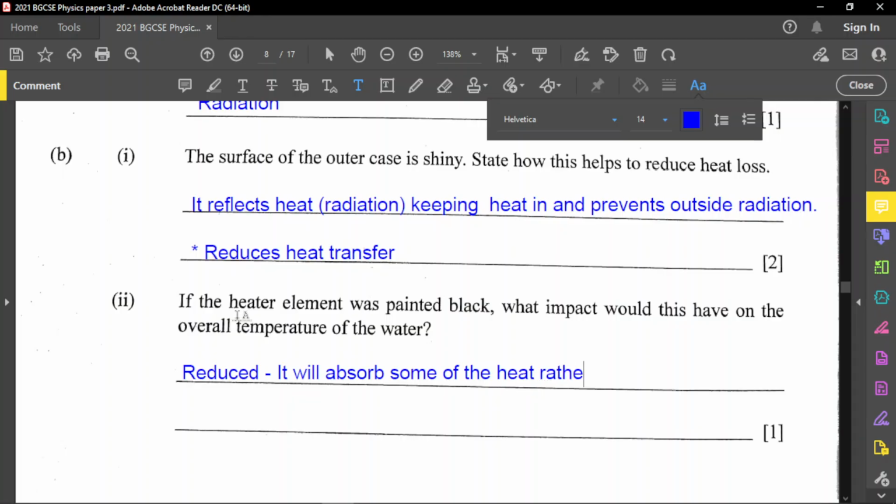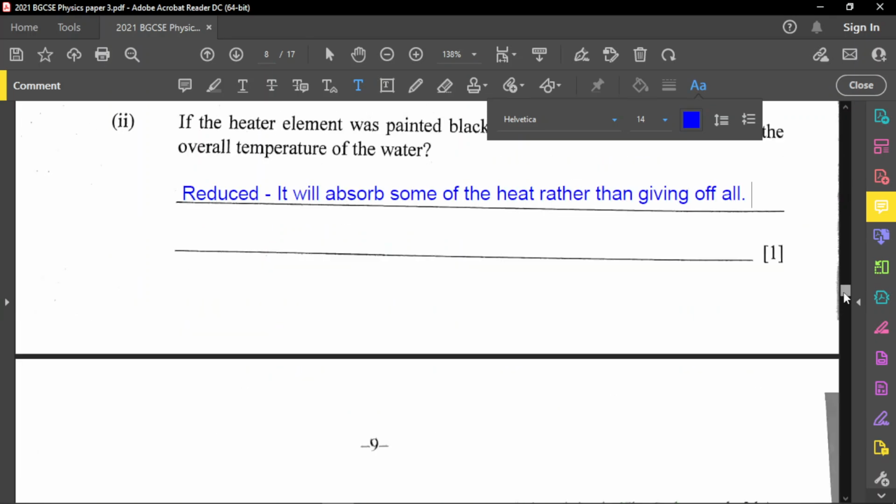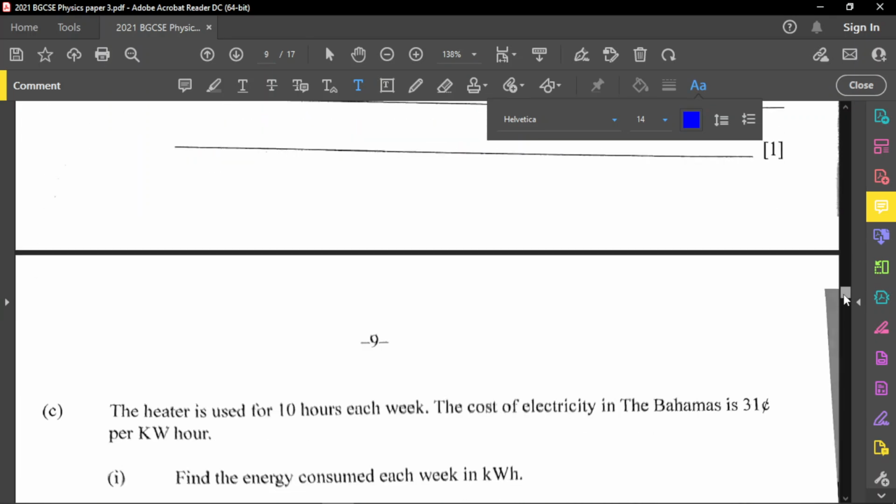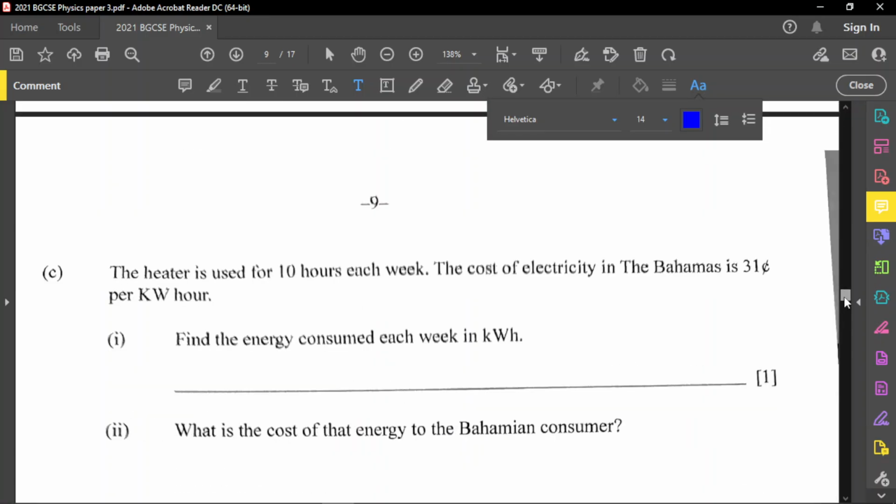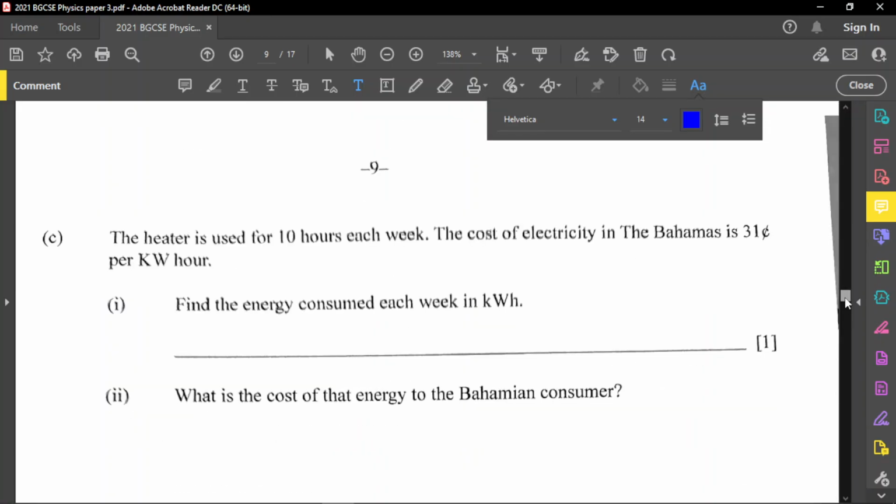So definitely the temperature will reduce, because if it's dark, then it would absorb some amount of heat itself, and not all of it will be given off. So the efficiency will be reduced, in other words.